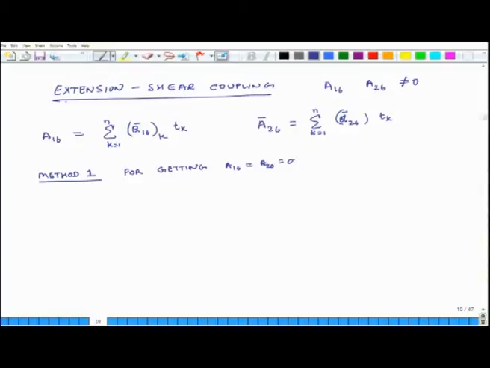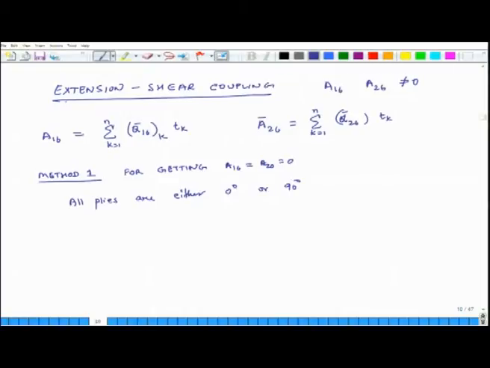This is the first method. What is the first method? We ensure that all plies are either 0 degrees or 90 degrees in orientation.